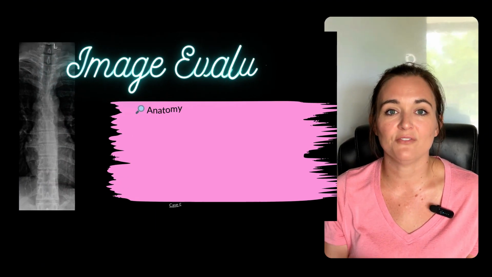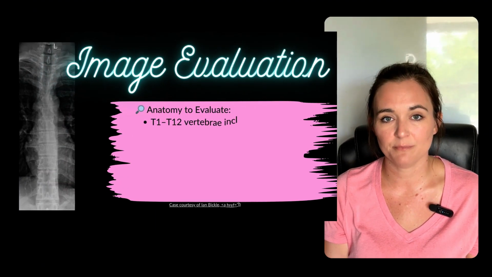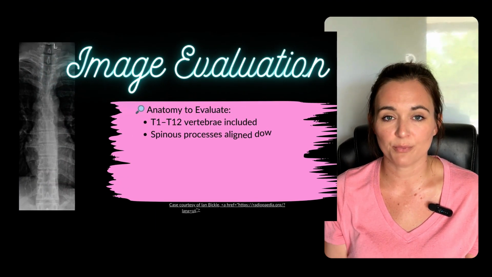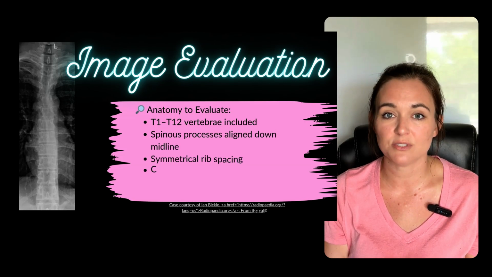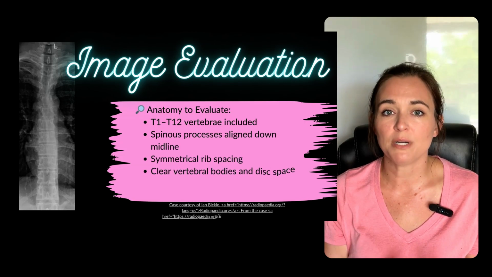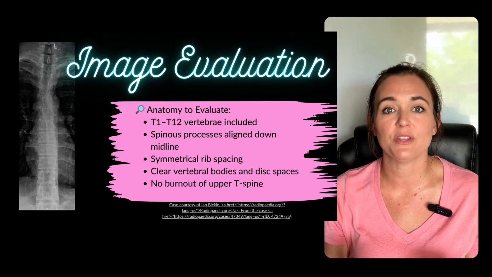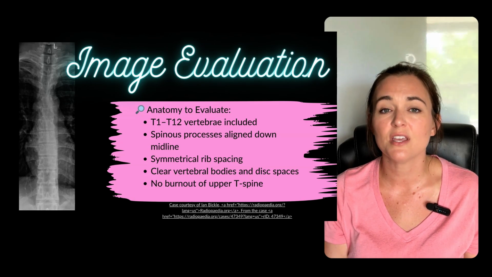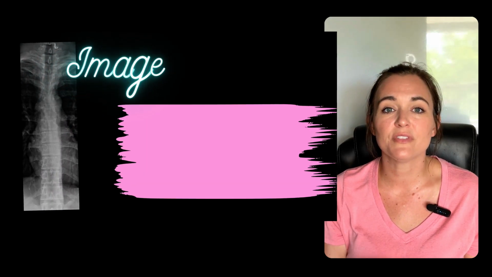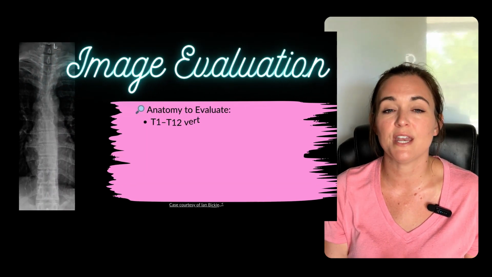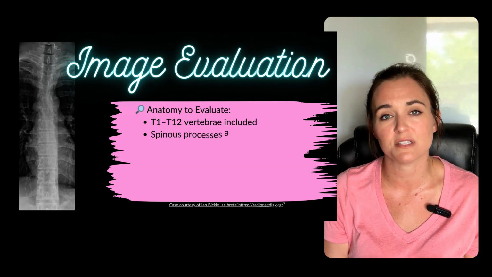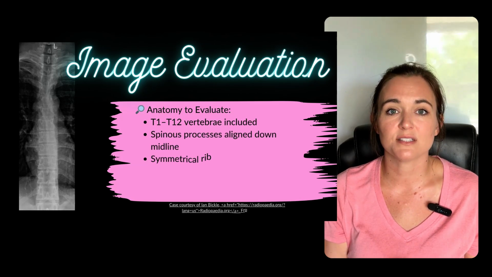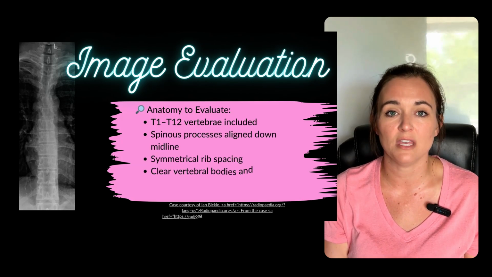Here's the anatomy to visualize in the AP T-spine. All 12 thoracic vertebrae from T1 down to T12. The vertebral bodies should be clearly seen with intervertebral disc spaces visible, although some of these may partially overlap due to natural kyphosis in this part of the spine. The spinous processes should line up in the middle of the image.